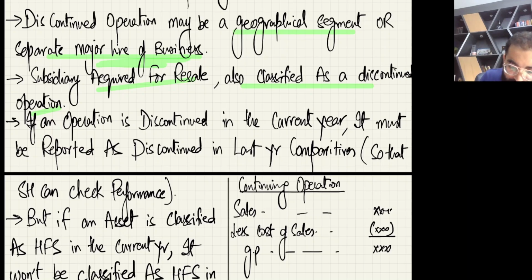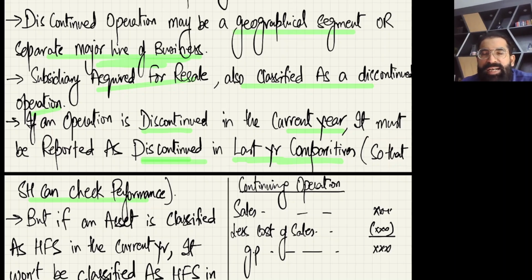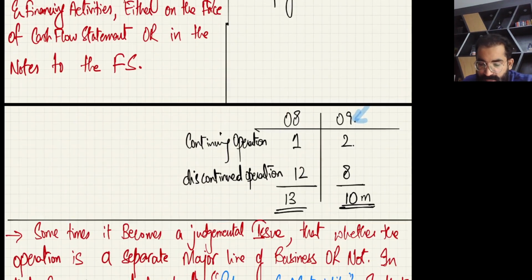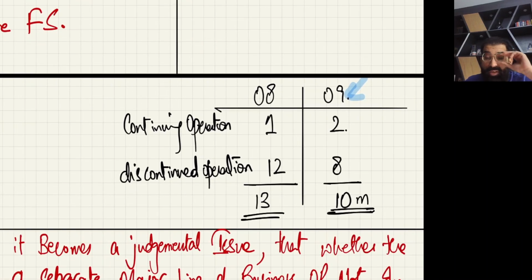Then we have, if an operation is discontinued, very important, golden lines, it comes in exams: if an operation is discontinued in the current year, it must be reported as discontinued in the last year comparatives so that shareholders can check the performance. Great lines. Let me explain. Listen, this is the game. For example, in 09 you discontinued oil.